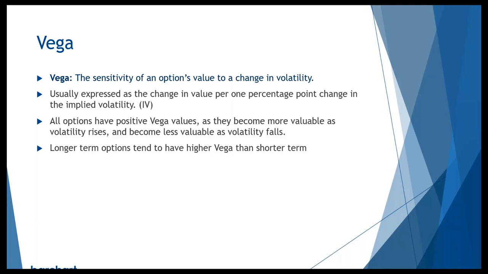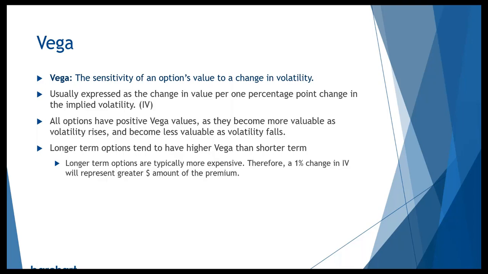Longer-term options tend to have higher Vegas than short-term options. Longer-term options are typically more expensive, and therefore a 1% change in implied volatility will represent a greater dollar amount in our premiums. Being closer to the money, at the money, will also increase an option's Vega value.